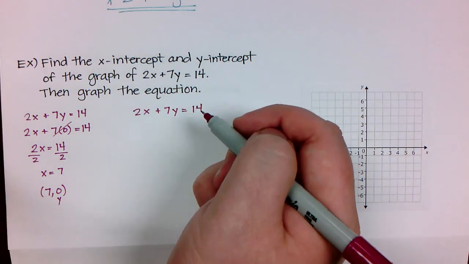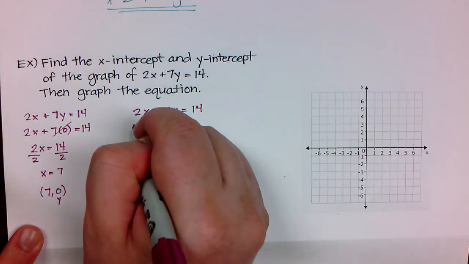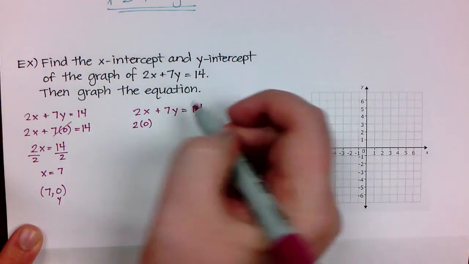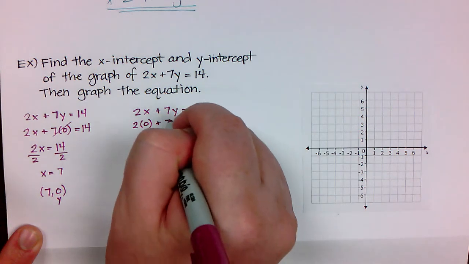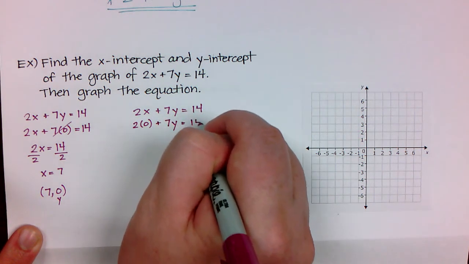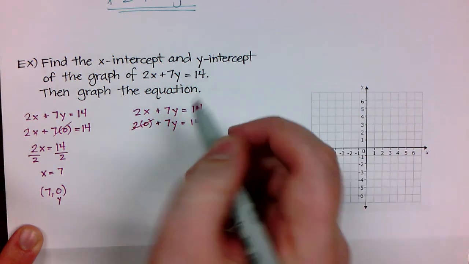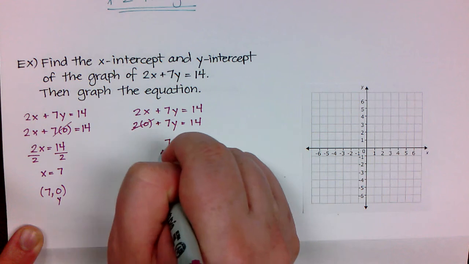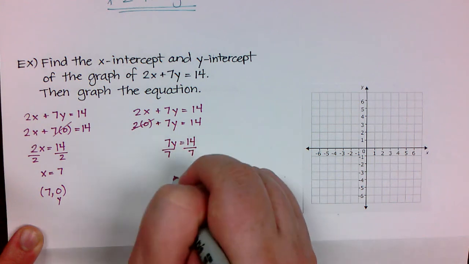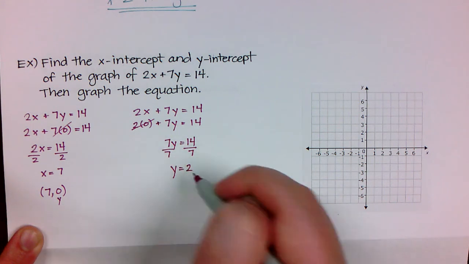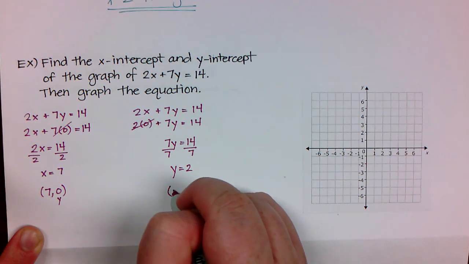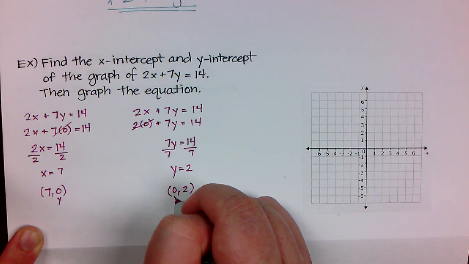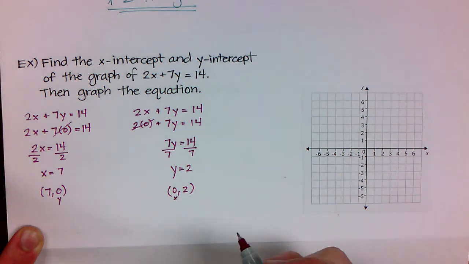2x plus 7y is equal to 14. I'm going to basically do the same thing, but I want to find the y-intercept. So to do that, you're going to get rid of that x by replacing it with a 0 and rewriting everything else. 2 times 0 cancels out, and you're left with 7y is equal to 14. And when we divide both sides by 7, y is equal to 2, which means it's going to cross the point (0, 2), 0 because I replaced the x with a 0.